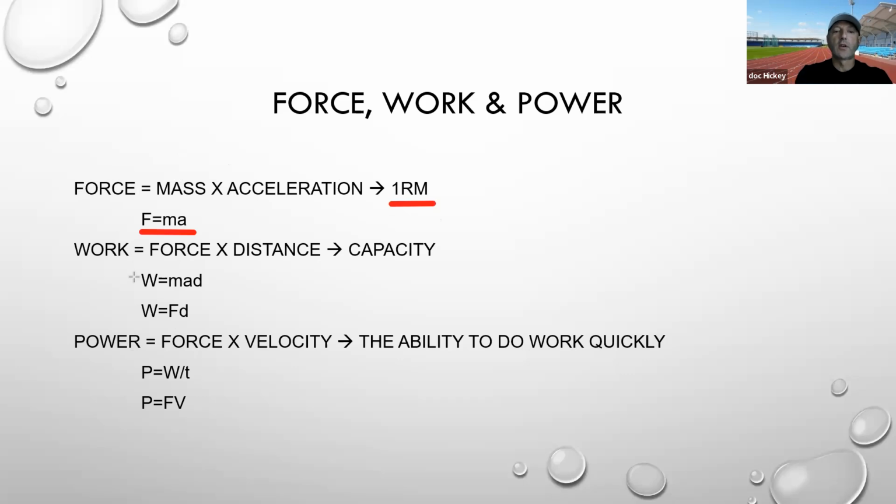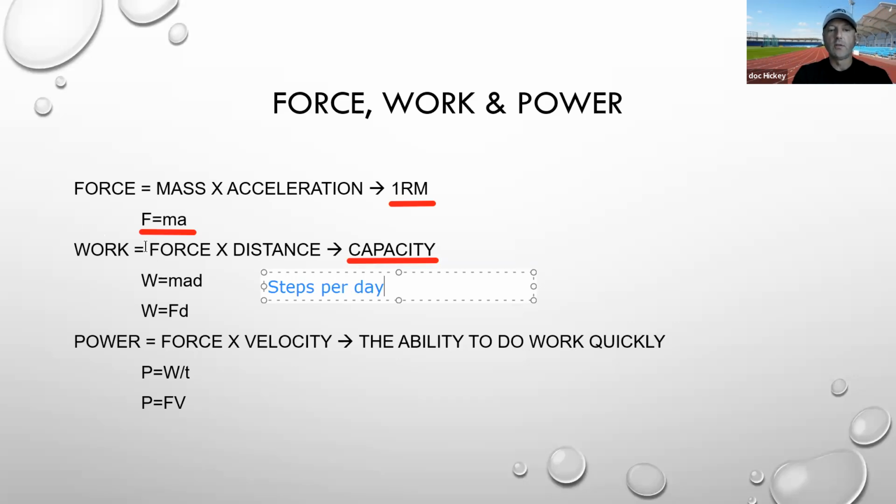The next one we take a look at is work. Work is force times distance. Work tells me my capacity. An example of work is going to be our Fitbits. So if anybody has a Fitbit or an Apple Watch and you look at steps per day, that is going to be a measure of work.